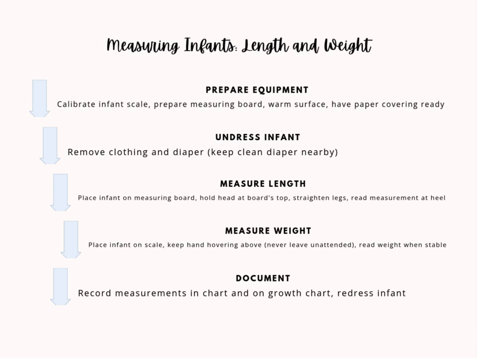Some will mark the top of their head and the bottom of their foot on the table paper and then measure that. And some will measure with the measuring tape from their head to the heel of their foot. It is important that these are done accurately so that it can be documented appropriately and put on the growth chart appropriately.